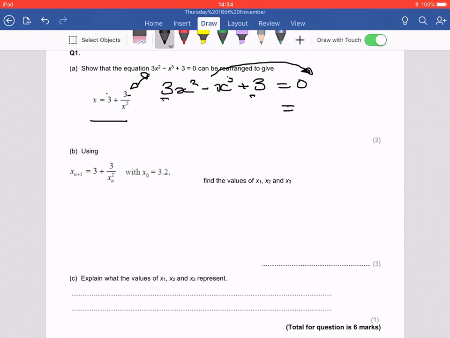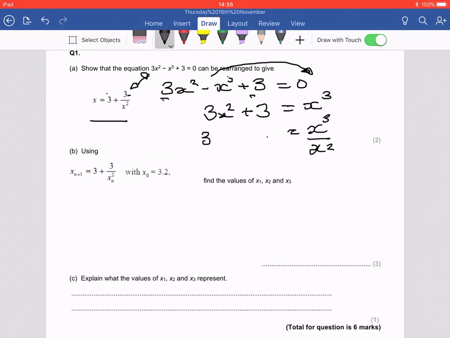Love it. So the x cubed, I'm going to move over here from minus to plus, and you've got x cubed over here. And then over here, we've got 3x squared hasn't changed, plus 3 hasn't changed. All right? And then we have a look and see what we're trying to get. We can see that we've got x squared underneath the 3. So if I divide everything by x squared, then hopefully things will start to look as they should.